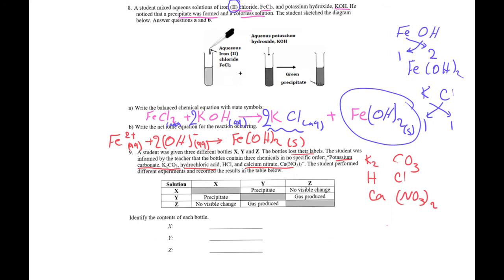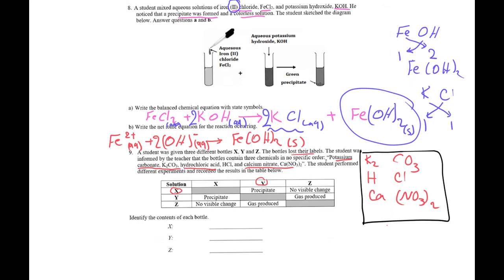According to the data here, if he took solution of X and mixed it with Y, a precipitate was formed. So let's look here which 2 salts or 2 ions can mix and form a precipitate. You will know that if you get back to the solubility table. If potassium comes with any other salt, it will be soluble. If H comes with any other salt, it will be soluble.